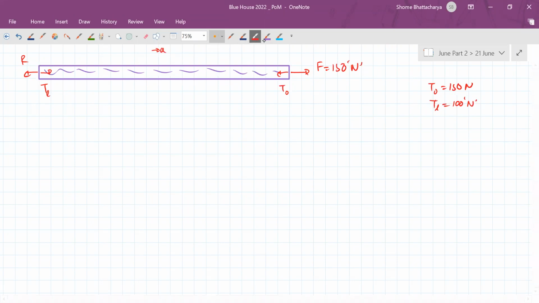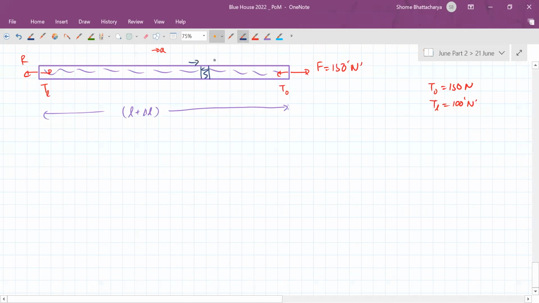Under the action of this situation, the whole thing has elongated, so it's, let's say, at L plus delta L. Now if we slice an element here, this will also be at an elongated length. If its natural thickness was dx, it is now at dx plus delta dx.